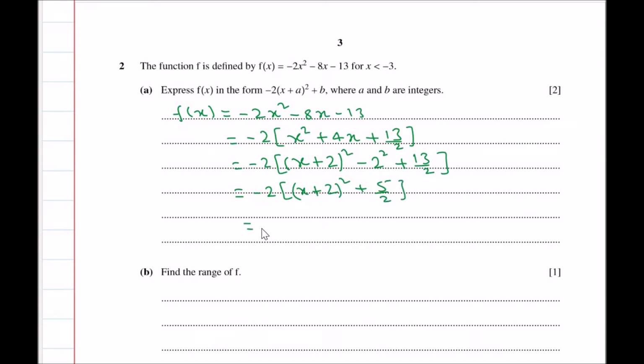Now we'll open the square bracket, so that we get minus 2 x plus 2 whole square, and if we divide 5 by 2 with minus 2, we get minus 5. So this is the answer, where we have got value of a and b. A is 2 and b is minus 5.